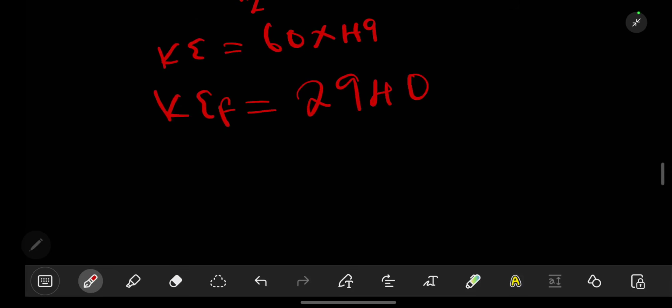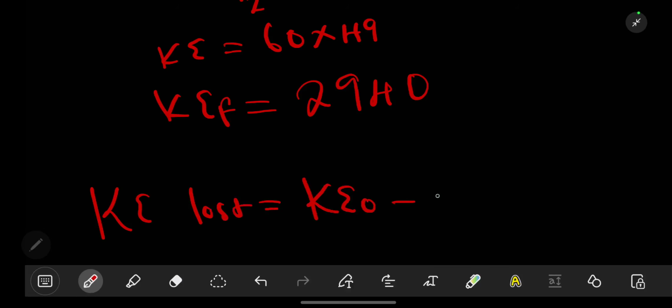So, the kinetic energy loss. Therefore they wanted the kinetic energy loss, so we can say kinetic energy lost should be equal to the initial kinetic energy minus the final kinetic energy.